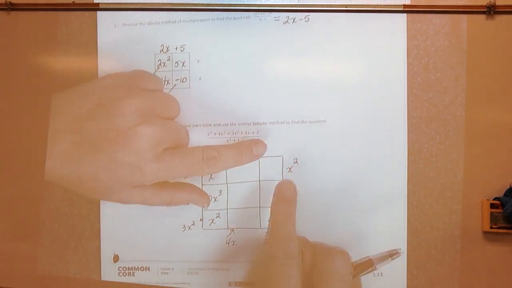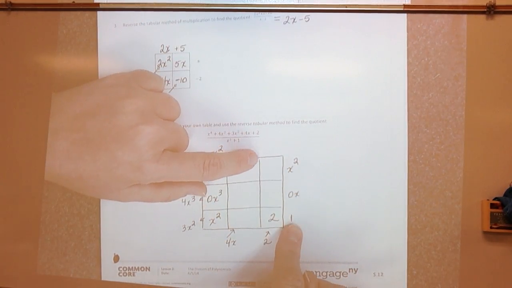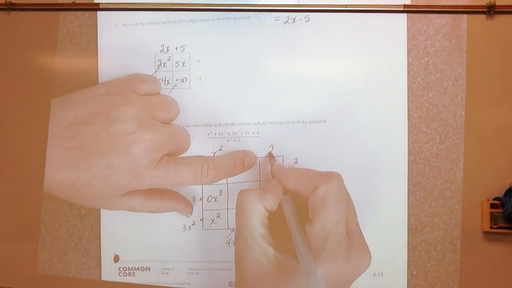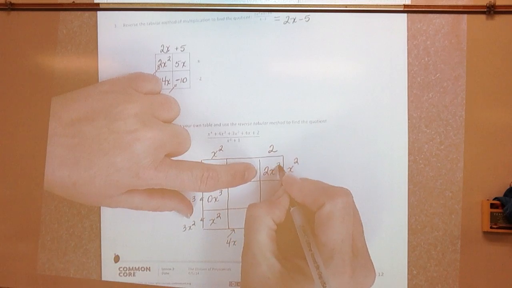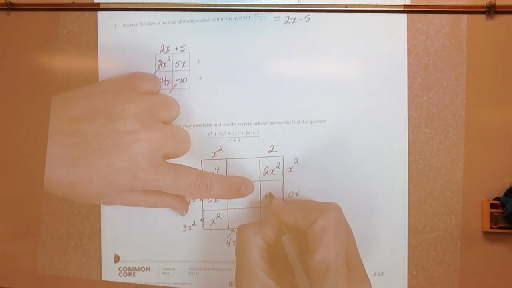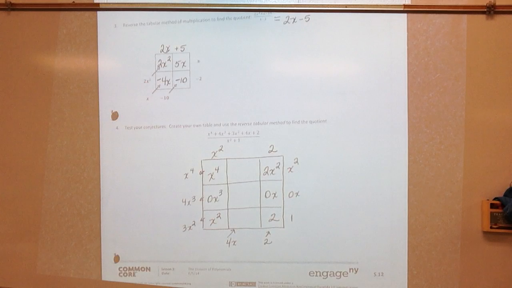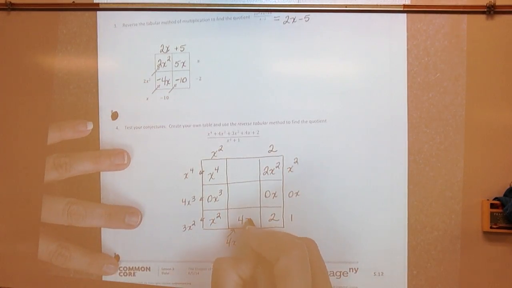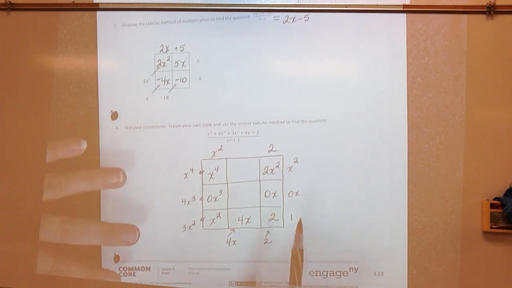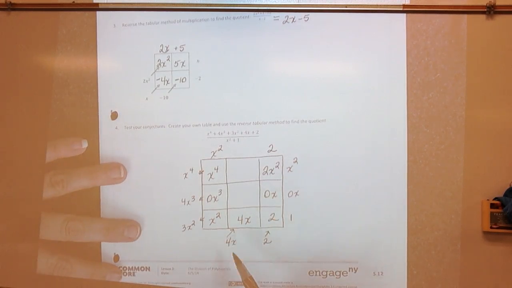Alright, I can come over here and do this one. 2 divided by 1 is 2. 2 times x squared is 2x squared. 2 times 0x is 0x. Alright, so I know I have to have 4x here, because 4 plus 0 is 4.